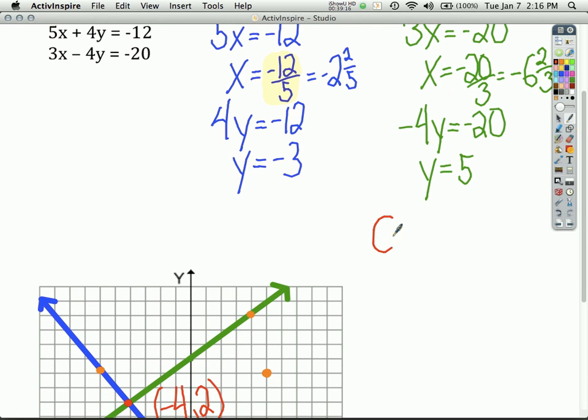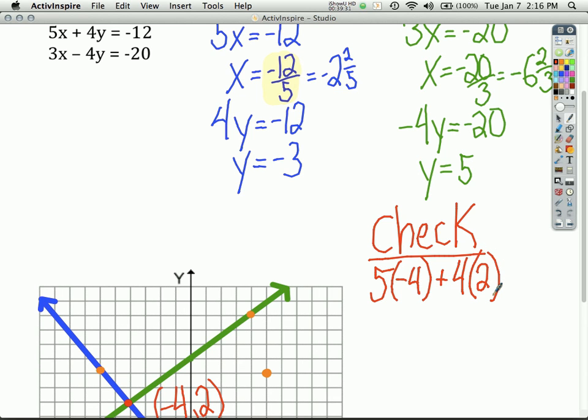So here we're going to check. We're going to plug in negative 4, comma 2. 5 times negative 4 plus 4 times 2. That's the ordered pair right there. Does that equal negative 12?